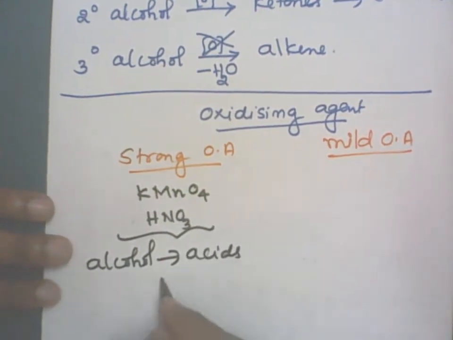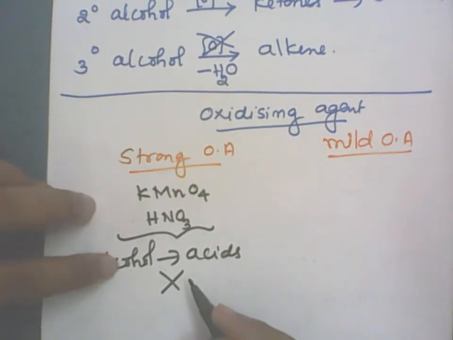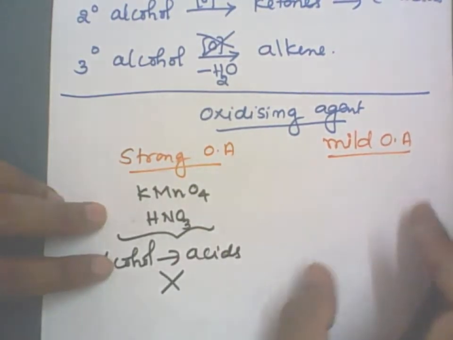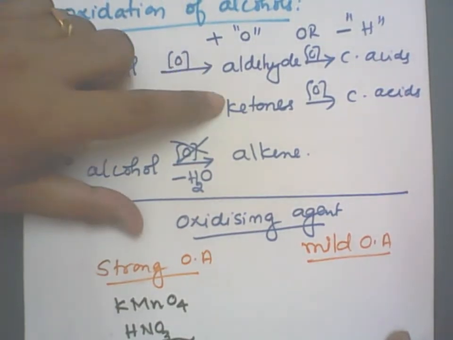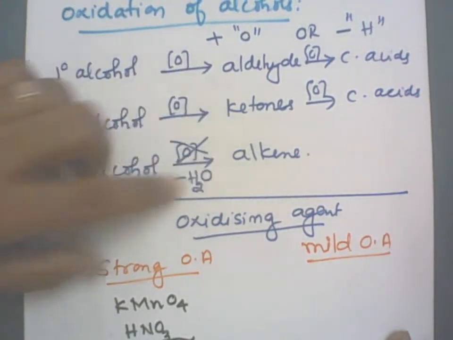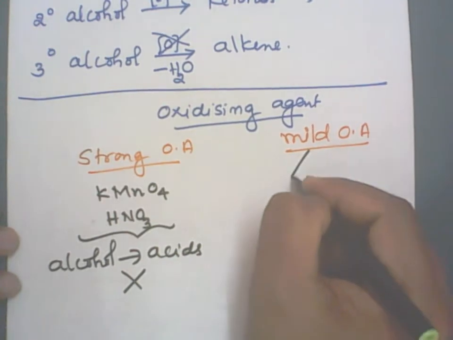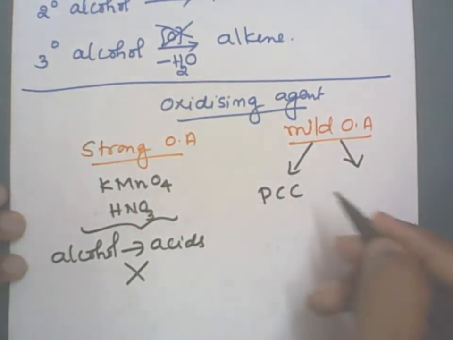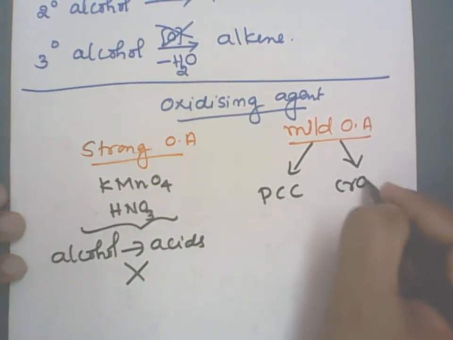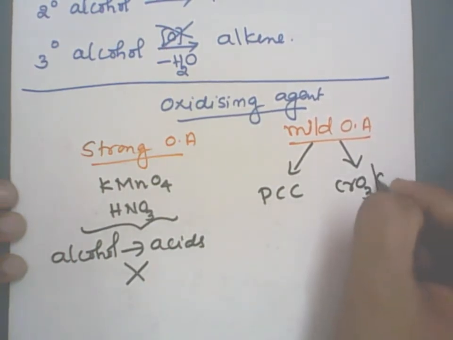But we are not going to study all these. We are going to study mild oxidizing agents. That means we are going to see the preparation of aldehydes and ketones, and we are going to see the alkene formation. So there are 2 mild oxidizing agents we are going to study here. One is called PCC. The other one is chromium trioxide in anhydrous medium.